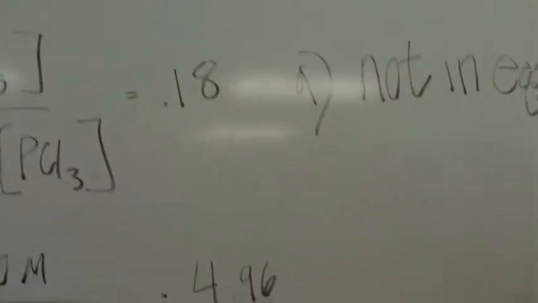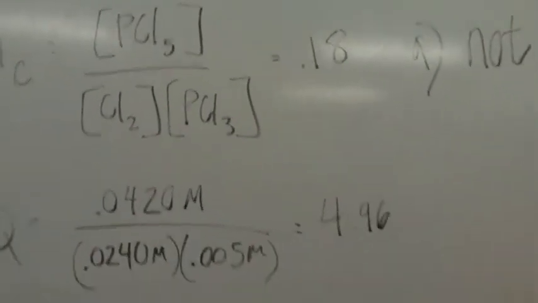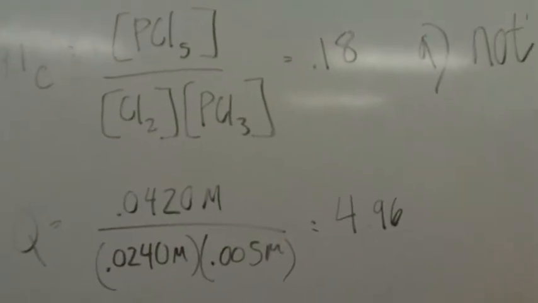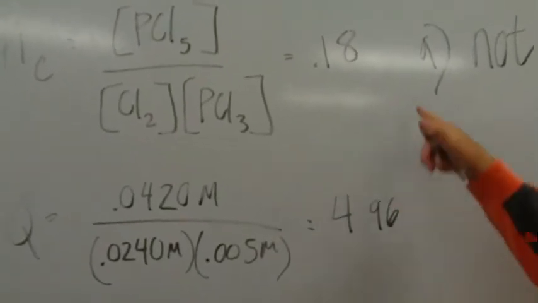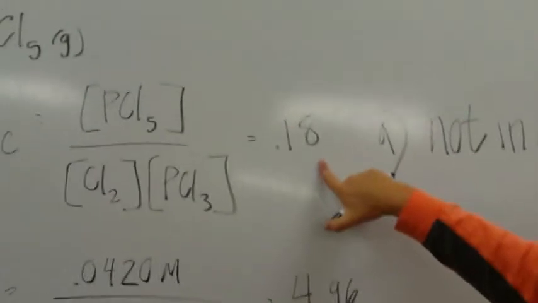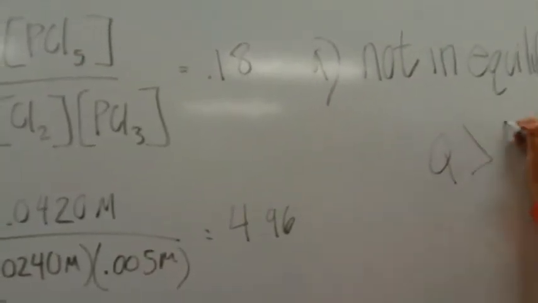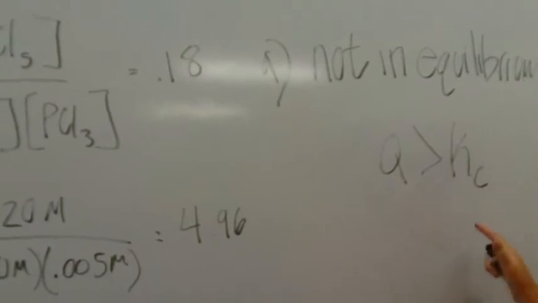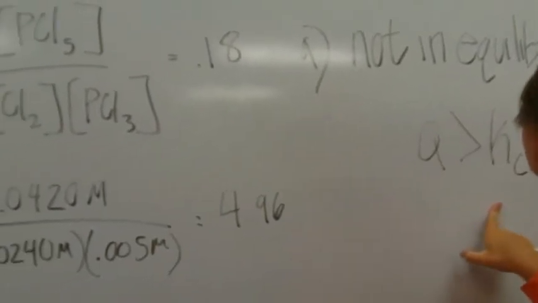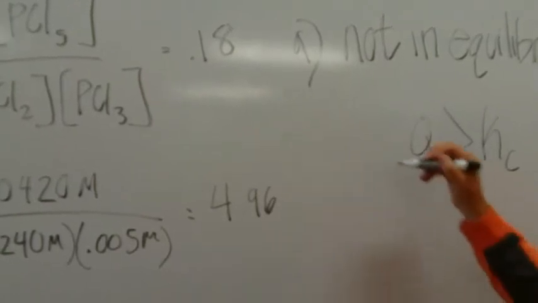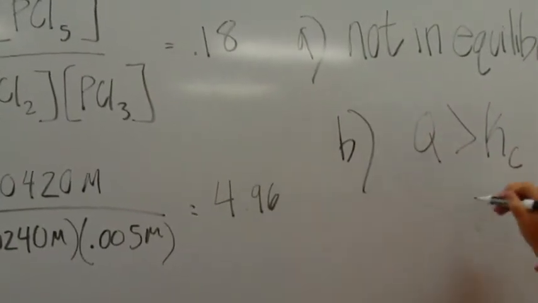And then in part B, they ask us which direction it is moving. Because we know that Q is so much bigger than Kc, when Q is greater than Kc, the system is going to shift to the left. So part B, it's moving to the left.